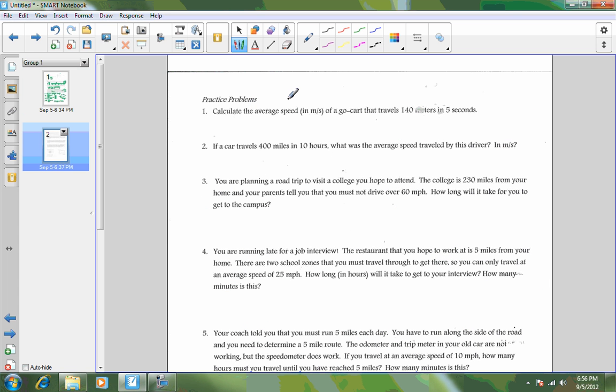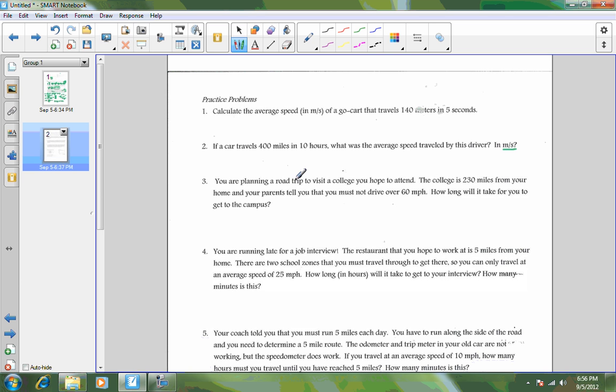All right, these are your practice problems. Number 1 should be fairly easy for you to plug in. You just plug into the velocity formula. Number 2, also plug into the velocity formula, but notice you're going to have to convert it to meters per second.